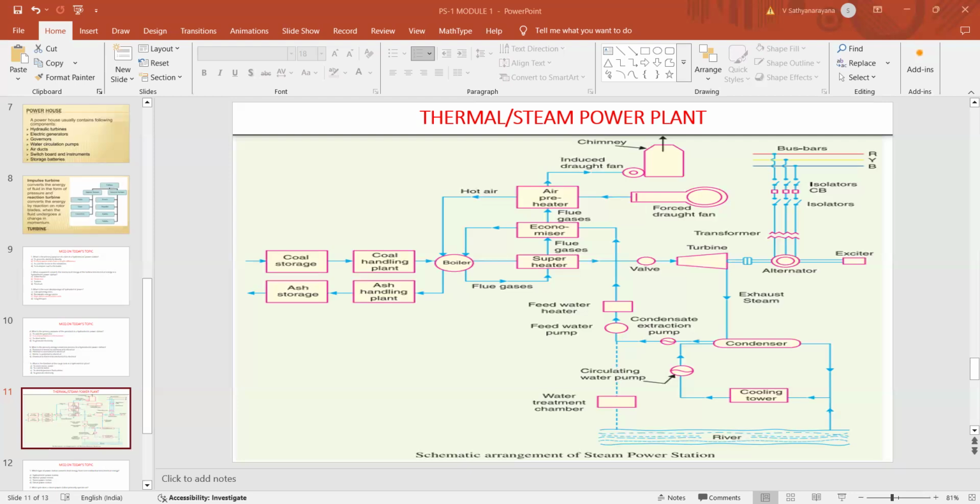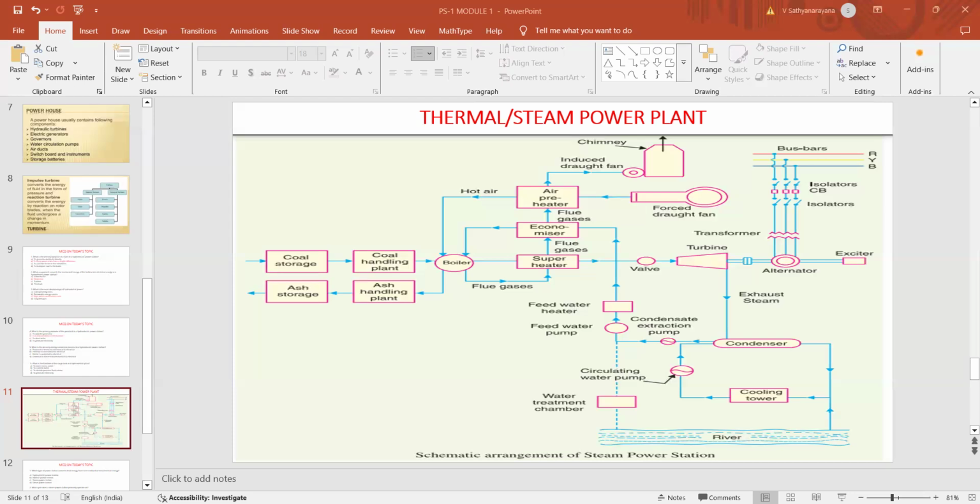Now, the output of the steam turbine is coupled to which component? Alternator. Very good, alternator. So the steam turbine is always coupled to an alternator in a thermal power station. This alternator, as we already saw in the hydropower plant, will convert the mechanical energy of that particular turbine into electrical energy.